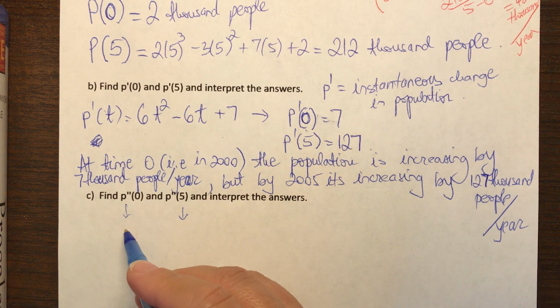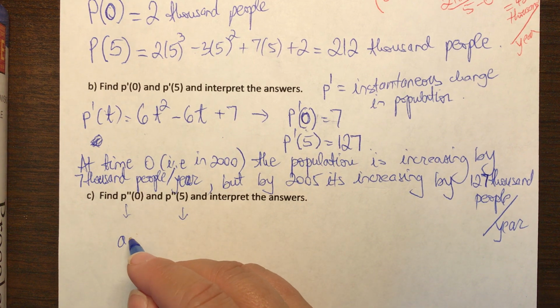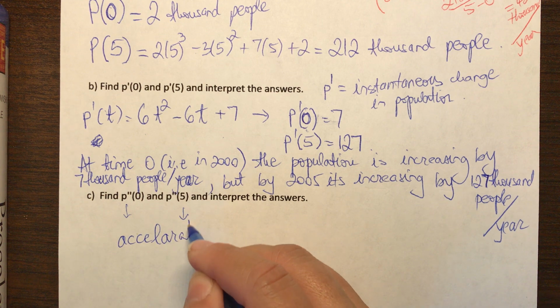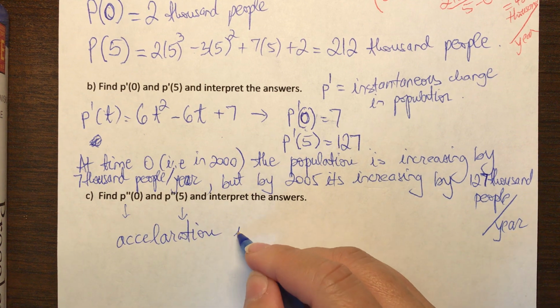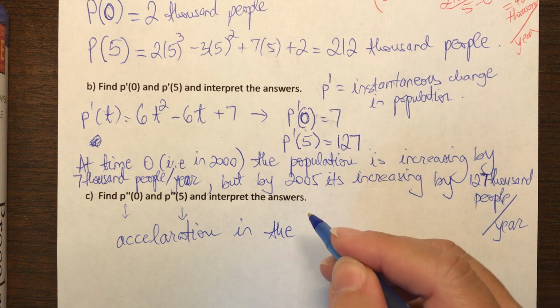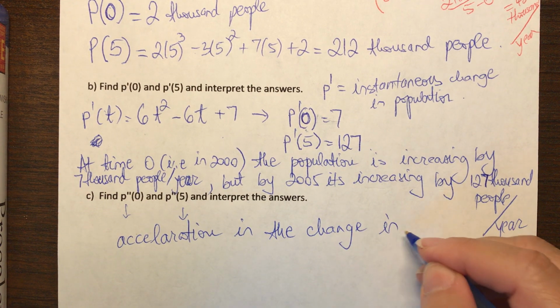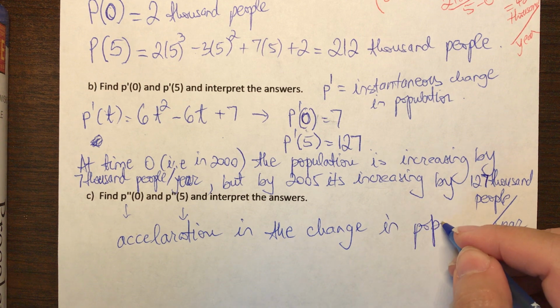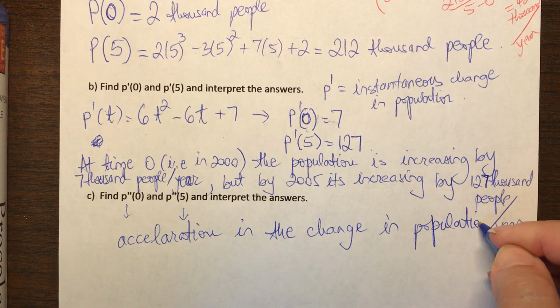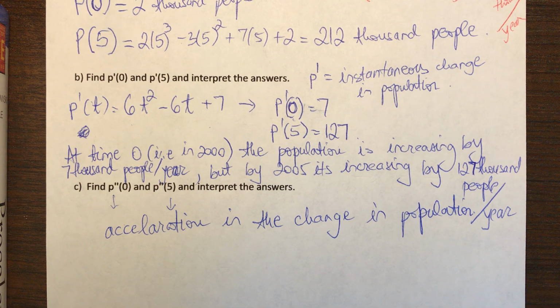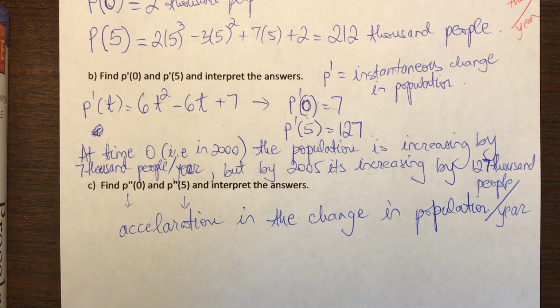So the second derivative is really the same thing as finding the acceleration in the change of population. Right, so is that change in population going faster and faster and faster, or how are we changing? Yes, so that's what an acceleration is, the second derivative.